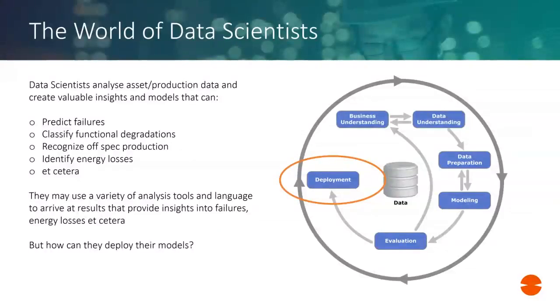Once a model has been developed by your data scientist or your analyst, you want to deploy it. So if the model that has been developed has good results, for example, an accuracy of predicting failure above 80%, you want to use that result in your live environment such that it provides insights to production operations and asset management on a 24/7 basis.